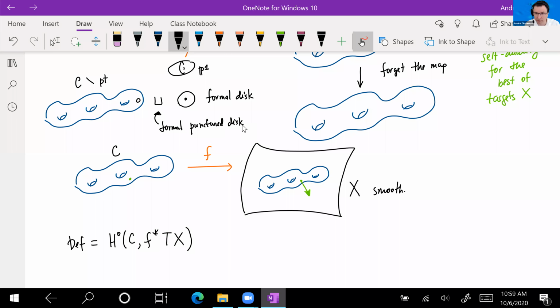You can think of the virtual class as being some sort of intersection of two subvarieties on this formal punctured disk. And so it has to be the case that the deformations you write in one chart and the deformations you write in the other chart agree.